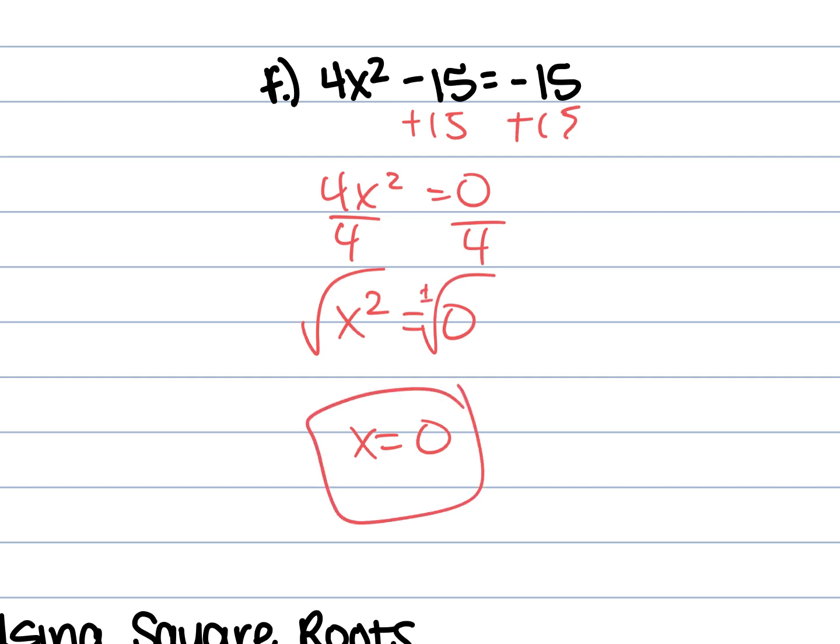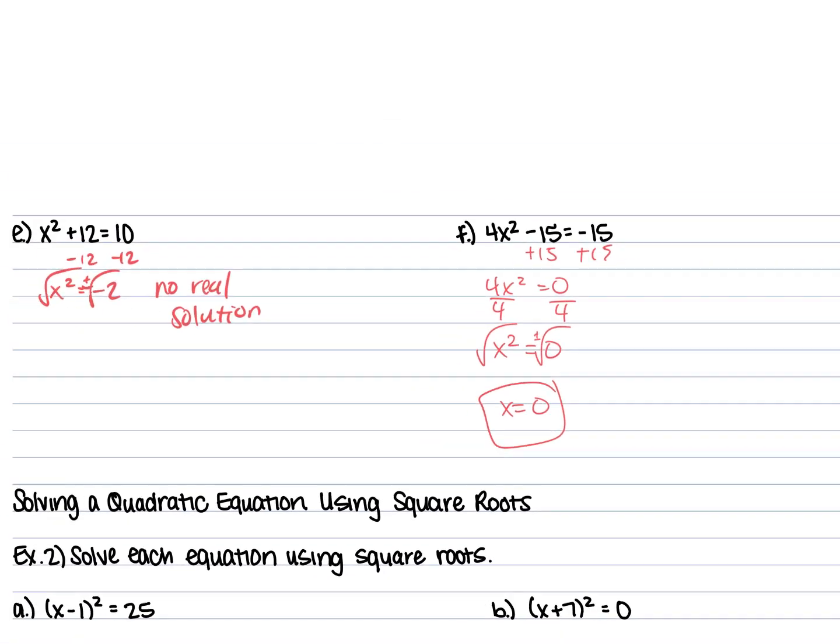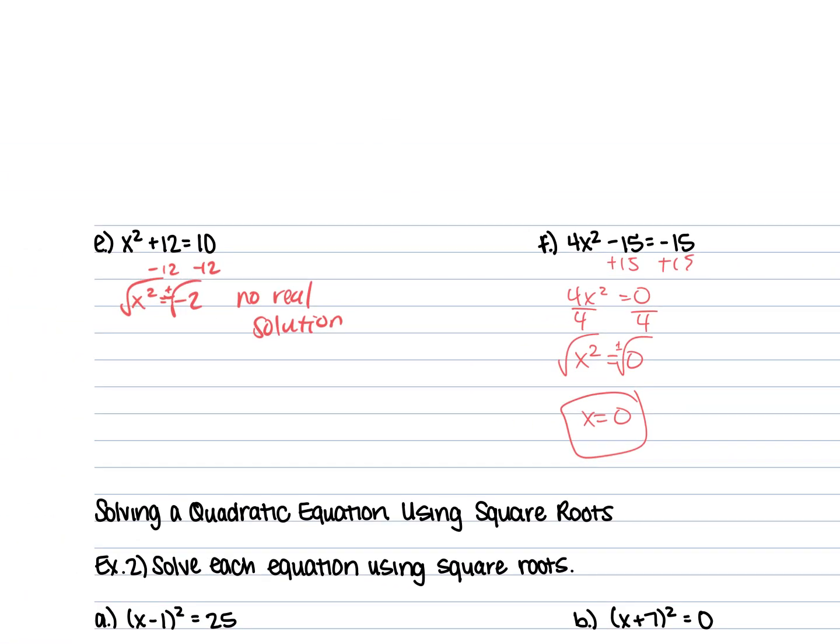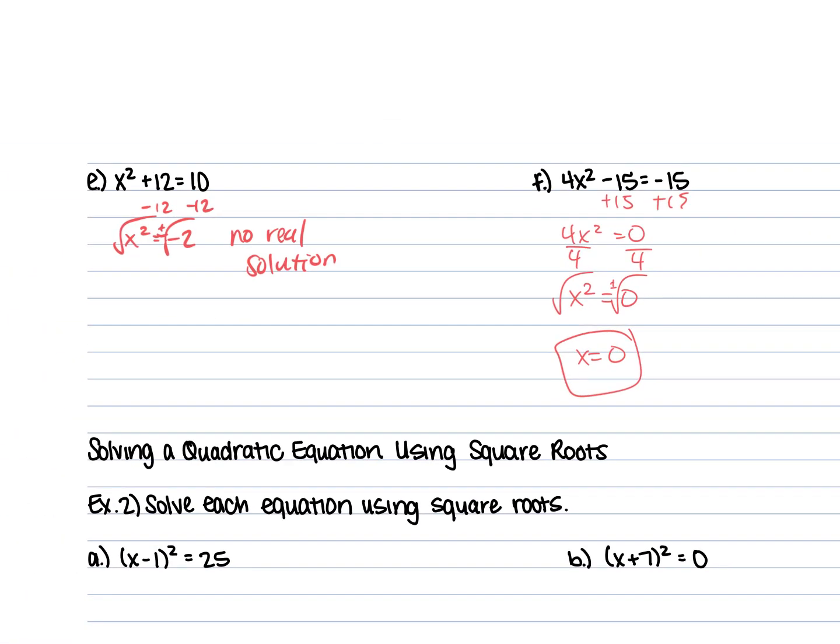Very good. X equals 0. All right. Here I zoomed out so you guys can copy down if you missed one. Mia, question? Whenever you get 0, isn't it just going to be x equals 0? Correct. You don't physically need to take the square root of both sides, but if you want to, just to be consistent, you absolutely can. Okay? Talk to me. What other questions do we have?